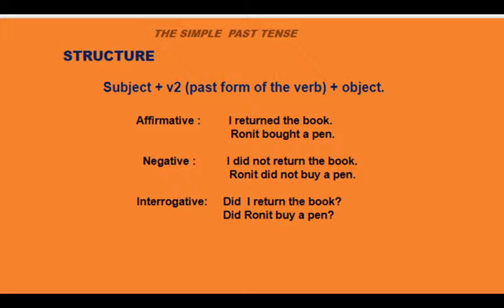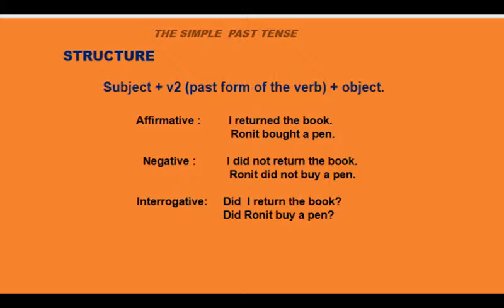Here I have added did, because whenever you make the sentence of simple past in negative and interrogative, you have to add did, the way we have used do or does in simple present while making interrogative and negative sentences.